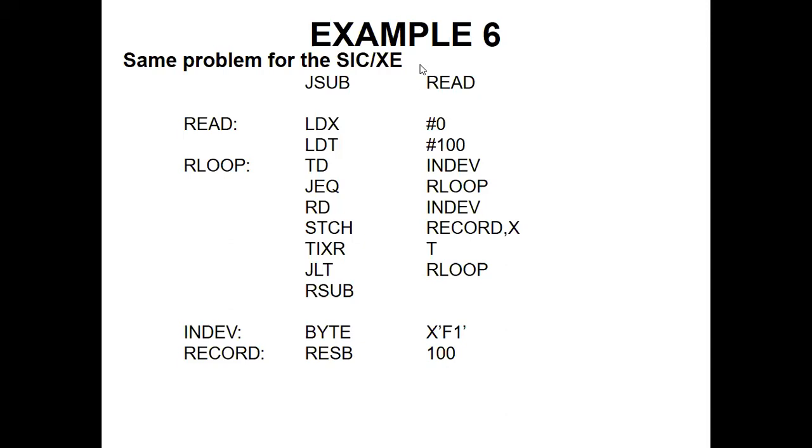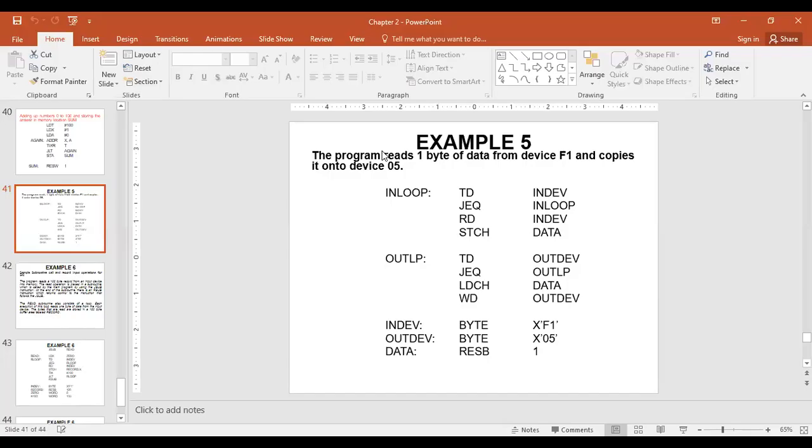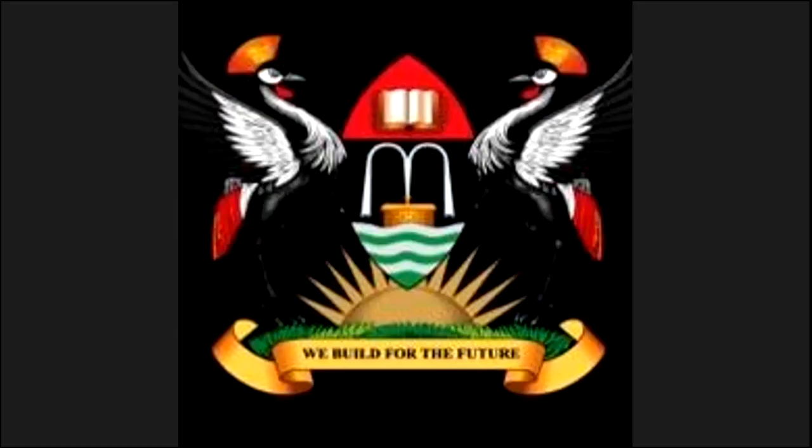Now we know how this works. We know its registers, we know its instructions. So we can now start the real business. Any questions so far? If it is okay, then that is the last thing about this chapter 2, which is the simplified instructional computer. Let us look at something else.